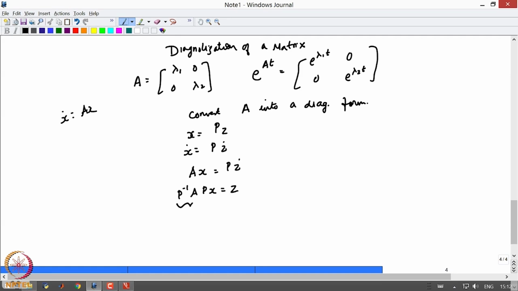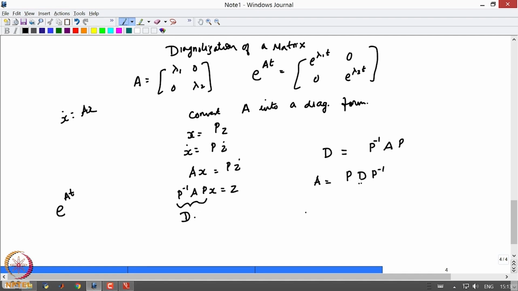Now, I know that I can convert this into a diagonal form. Okay. Now, let me call this D. This D is P inverse A P, and I wish to find what is e power A t, or in other words I can also write A as P D P inverse, where D is a diagonal matrix.